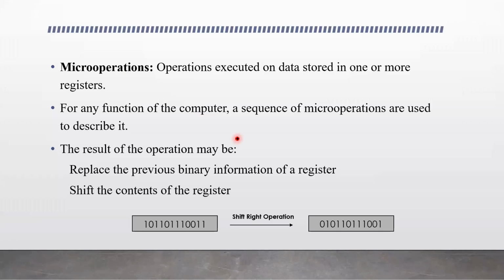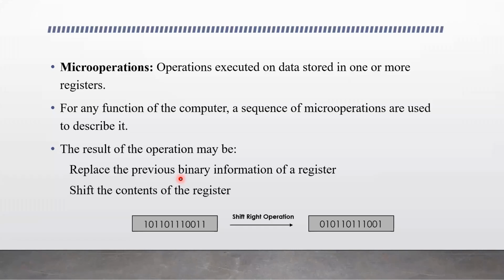The result of the operation may replace the previous content, or it may be a transfer of information from one register to another register. For example, we add two numbers. The contents of two registers are added, and the result needs to be put in a third register.